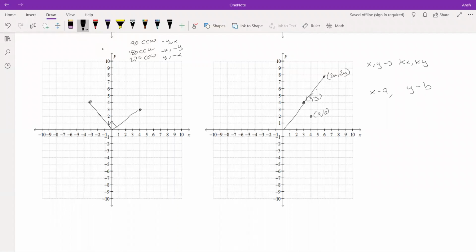Then we dilate as if we're at the origin, which will multiply everything by k. Finally, we shift back to our original coordinate system, so we add a and b again. This is the formula for a general dilation around the point (a, b) for any point (x, y) on the grid. Now we'll go over an example question about that.